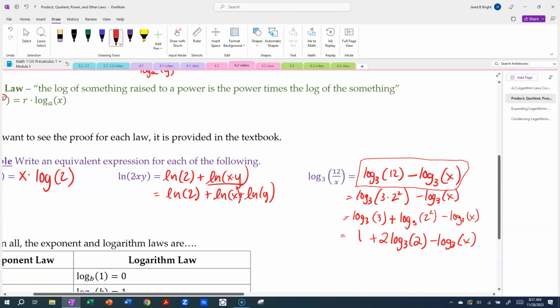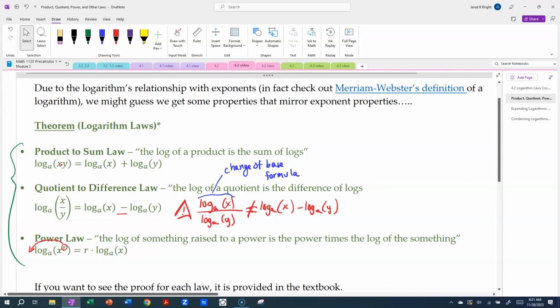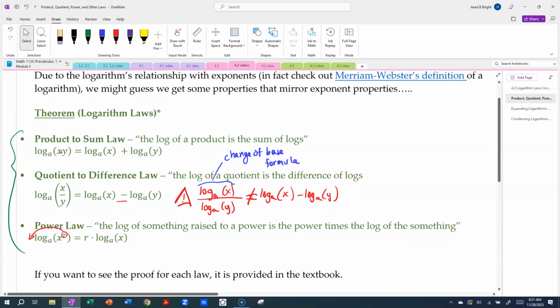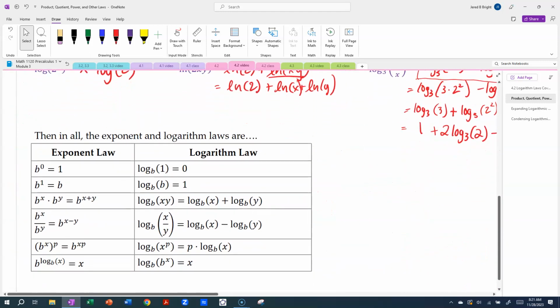In summary, we have these three logarithm laws, but we also have additional properties that I actually used in the last example with the quotient. We use this one: log base b of b is equal to 1. So now we have a ton of properties of logarithms in our arsenal that happen to correspond nicely to the properties of exponents.